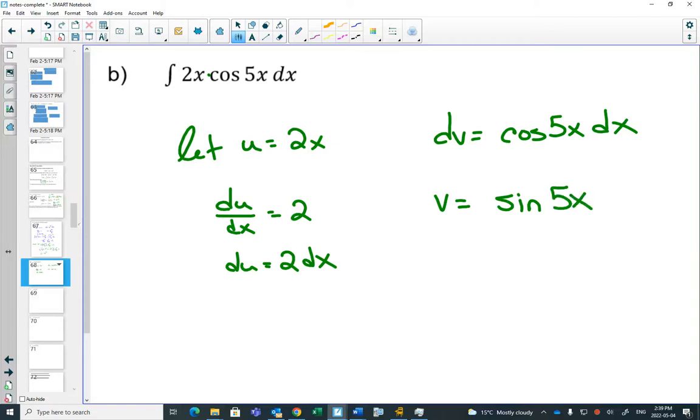And because it would be a chain rule where you'd have to multiply by 5, when you integrate, you're going to have to divide by 5.